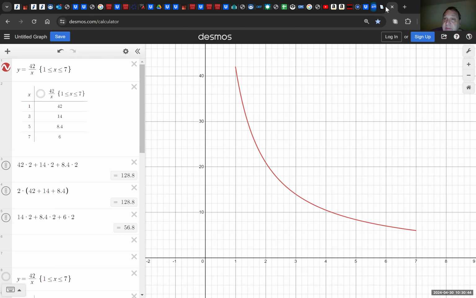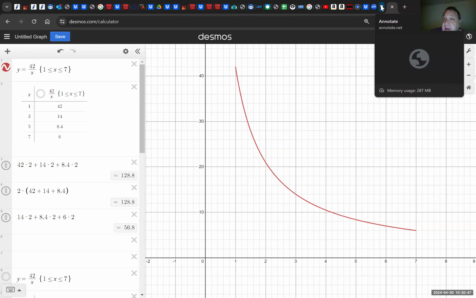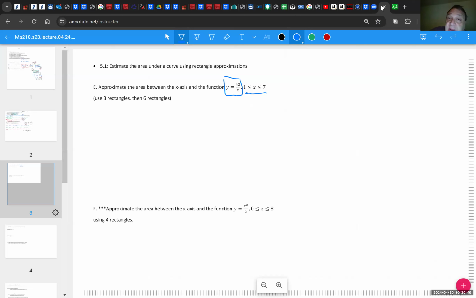I'm going to go back to annotate and to our lecture notes, and I'll just draw a brief sketch of this so I can show you what's going on. So we have this thing, and we started with 1, and we ended up at 7, and we had started with a y value of 42, ended up with a y value of 6.